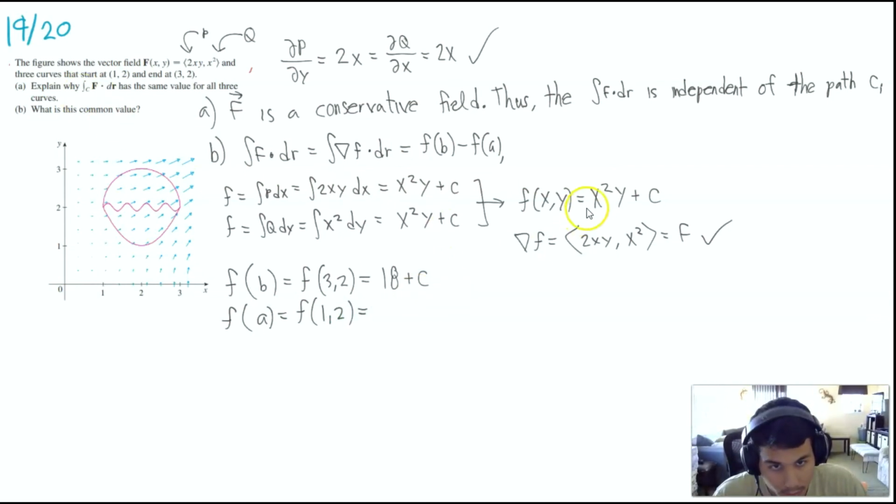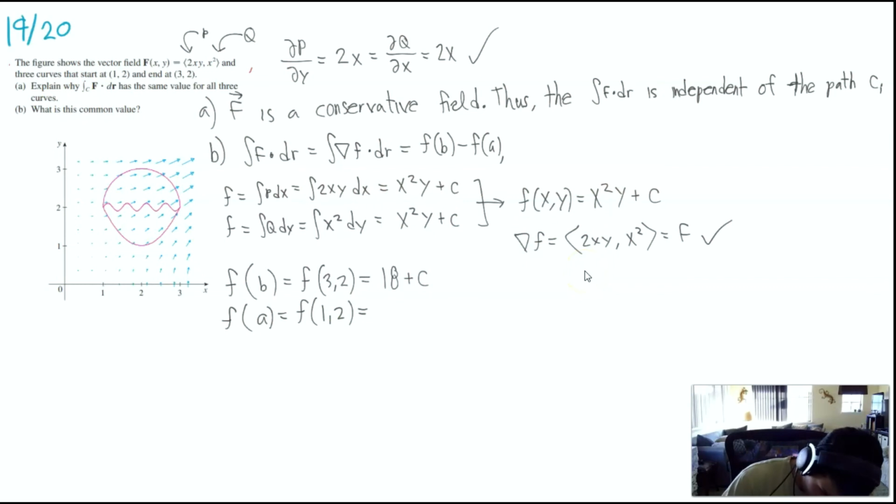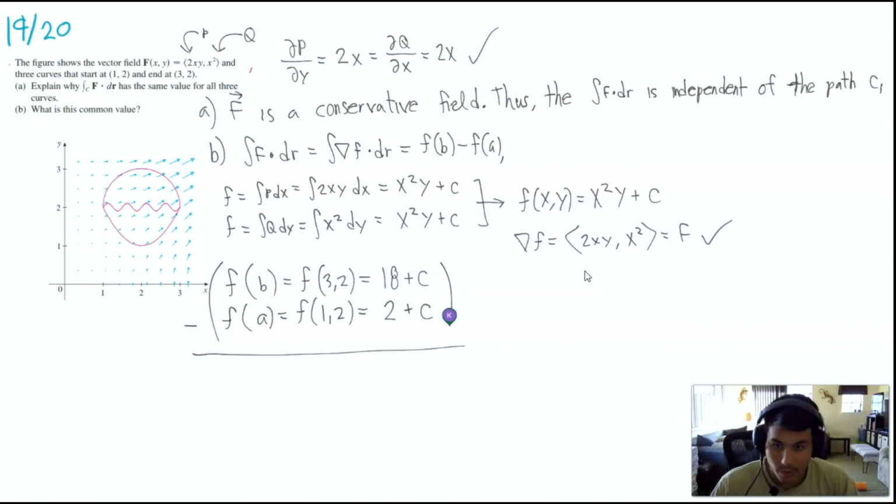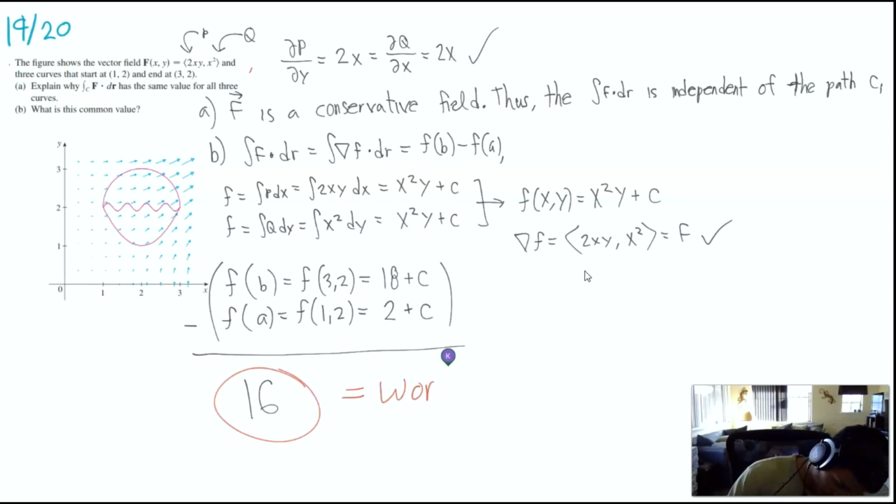So it'll be 1 squared times 2, which is equal to 2 plus c. And if we subtract these, we get 16. Just 16. 16 is equal to the work.